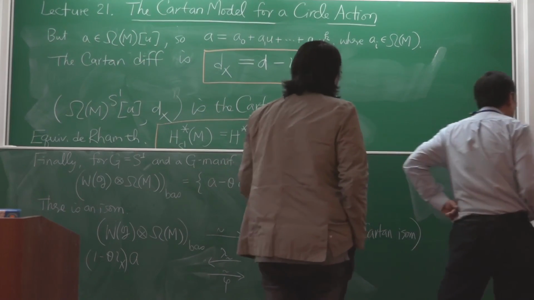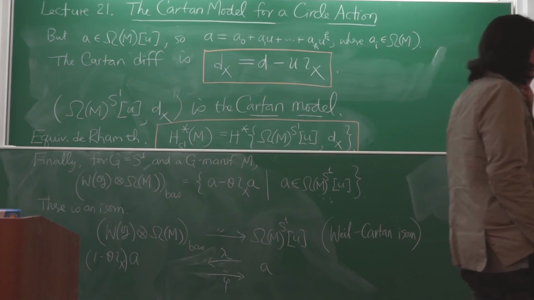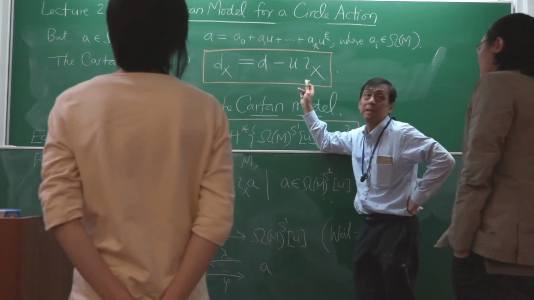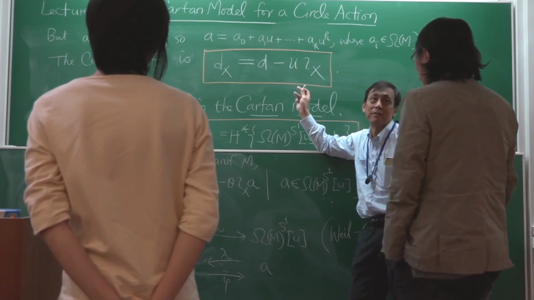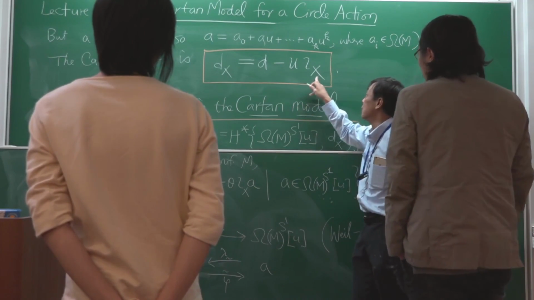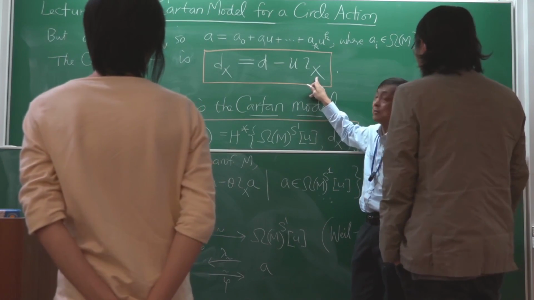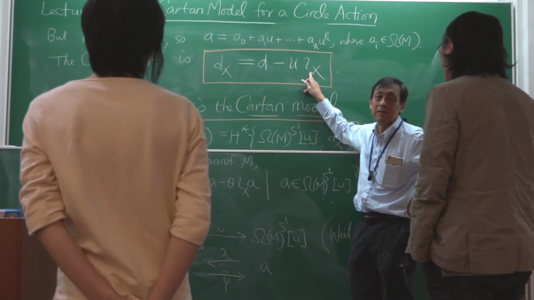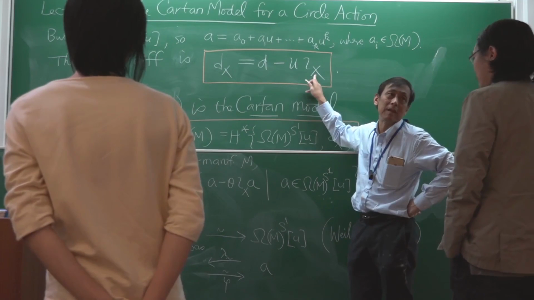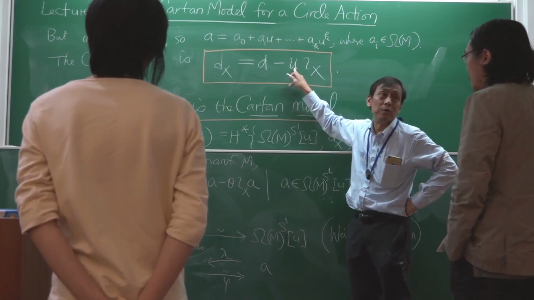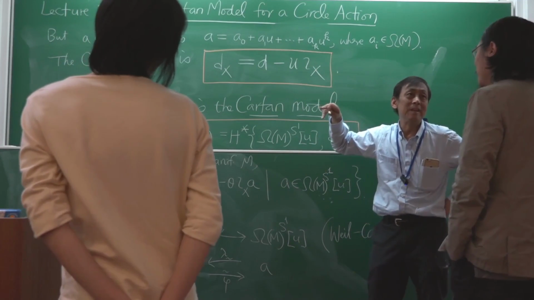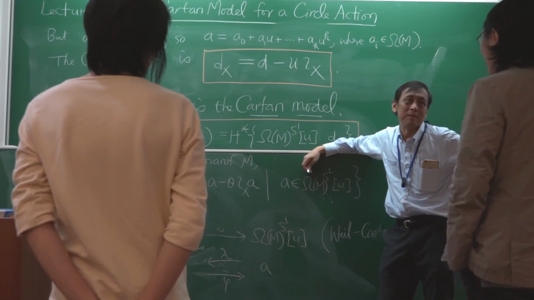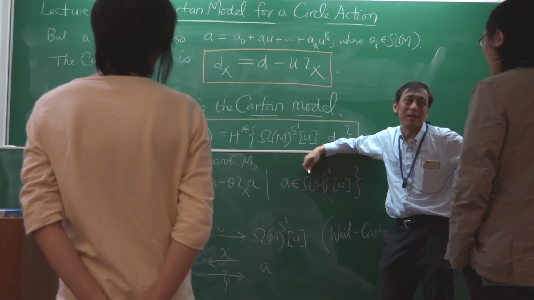Actually, this formula is actually independent of the choice of x, because if you use a different x, it's going to be a multiple, say, c times x. But then the dual would be 1 over c. So actually, this formula already is independent of the choice of x.